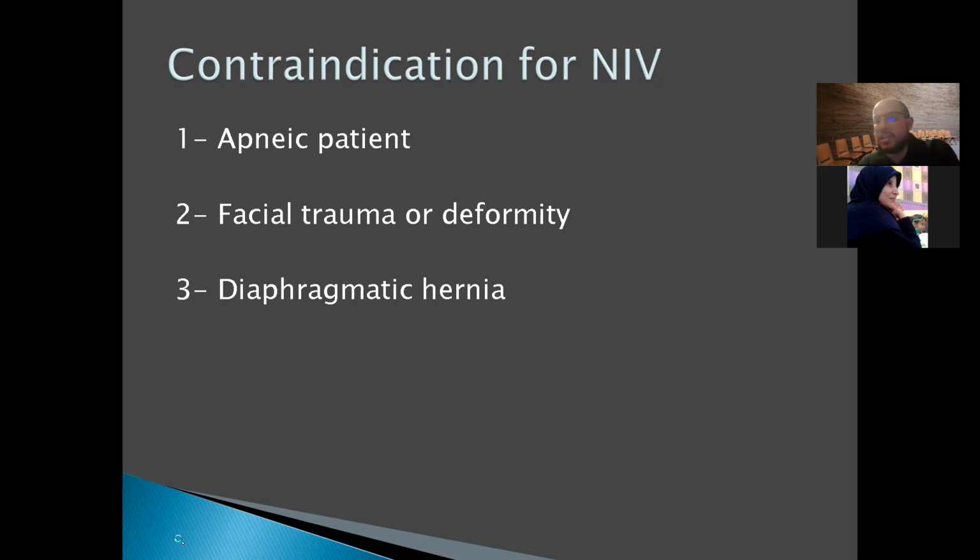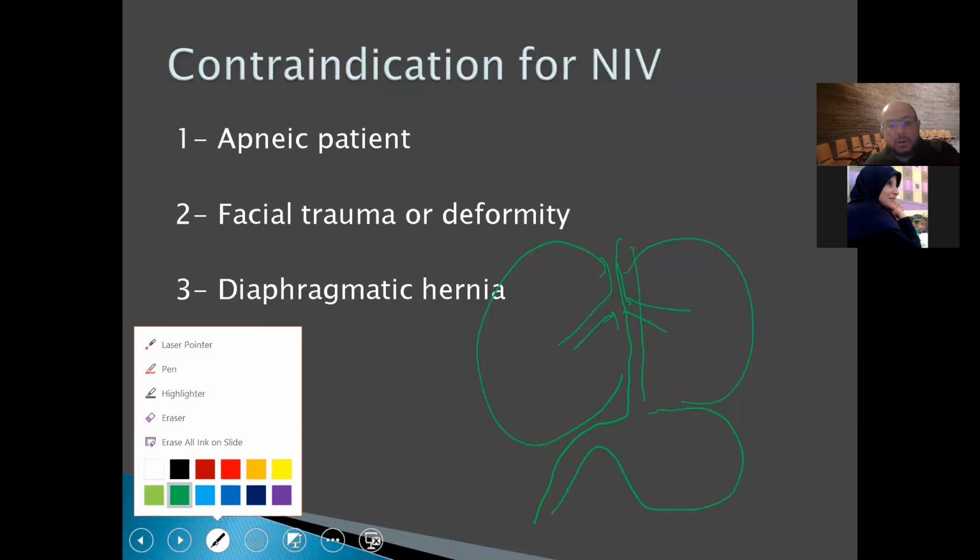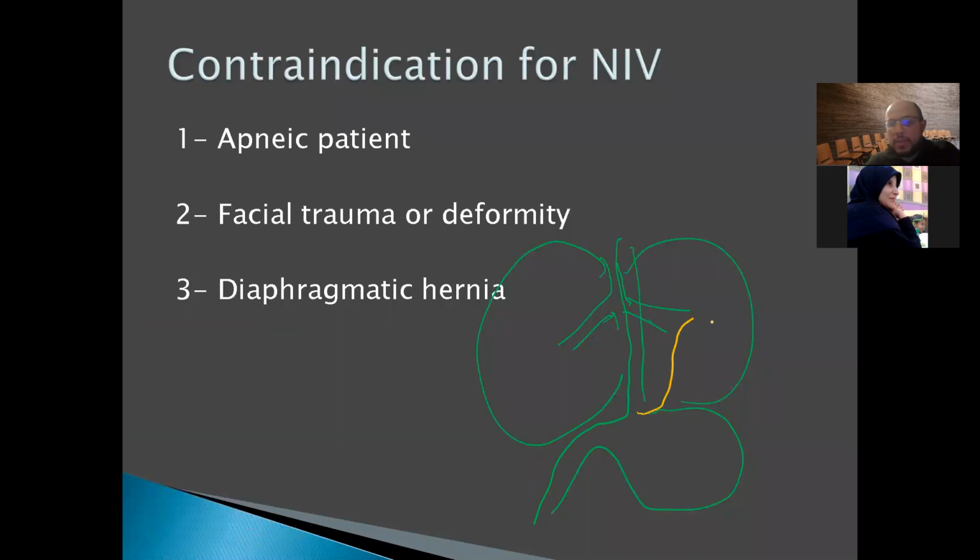The third contraindication is a baby with suspected diaphragmatic hernia. You don't want to blow air in, because in diaphragmatic hernia, what happens? That's the lung, and here your esophagus. In diaphragmatic hernia, your organs, everything is up in the chest.